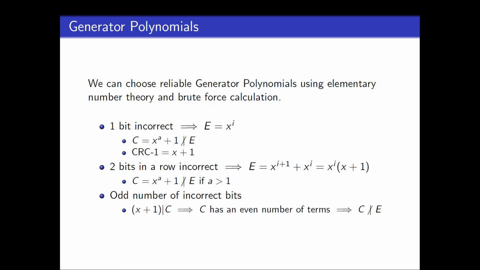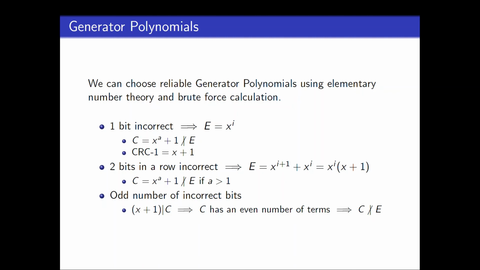Now, we can choose the same polynomial, x plus 1, and we know obviously that this doesn't divide x to the ith power, but it does divide x plus 1, so we can't use just x plus 1 as a generator polynomial and be sure that we will catch any possible error, because if there are 2 bits in a row, we won't be able to detect it, because we will still divide perfectly into E.